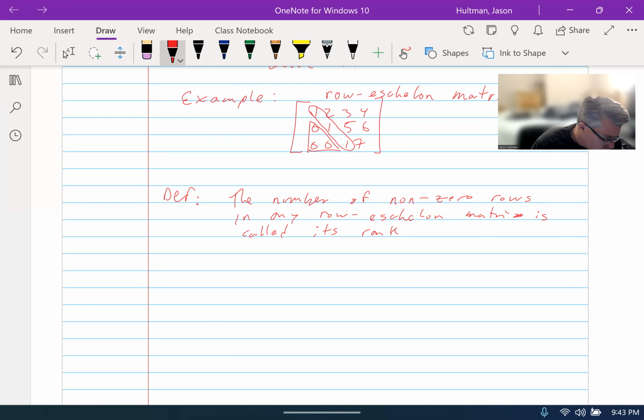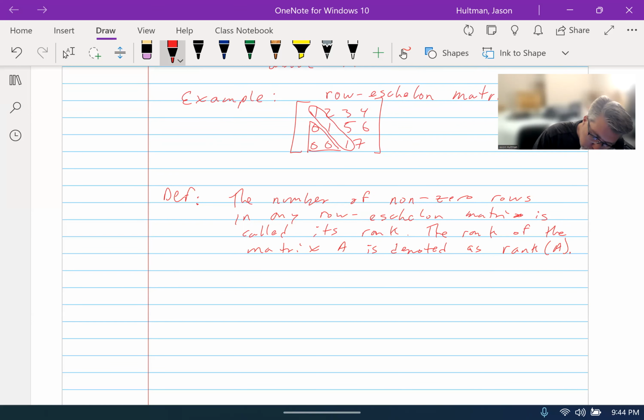The rank of the matrix A is denoted as rank A, with A in parentheses.